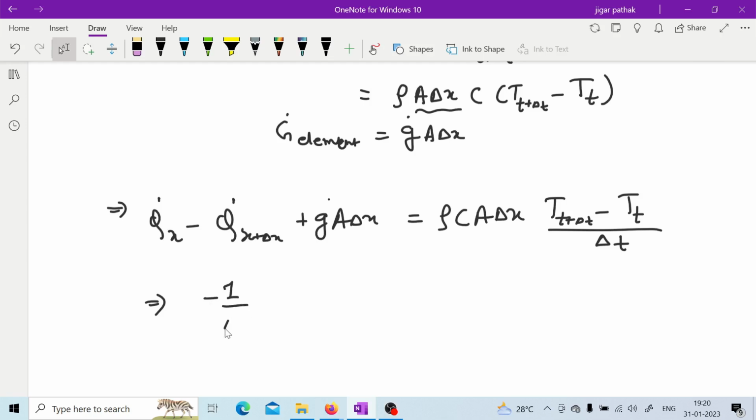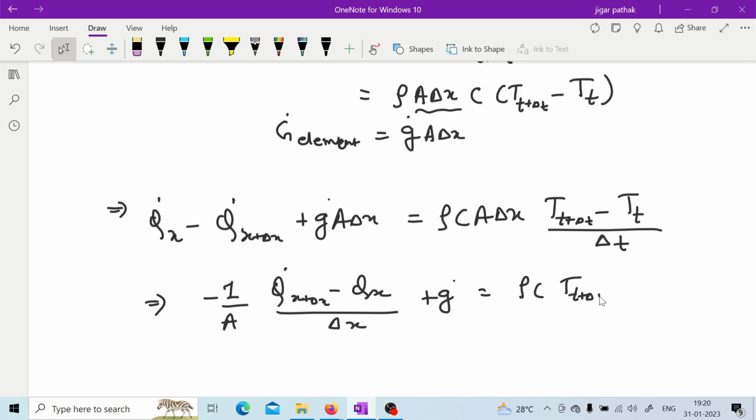If you divide it by volume, then you will get this equation, right?